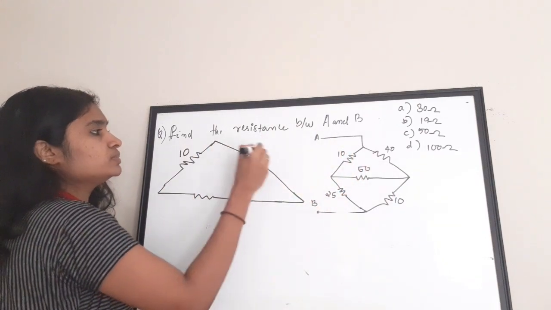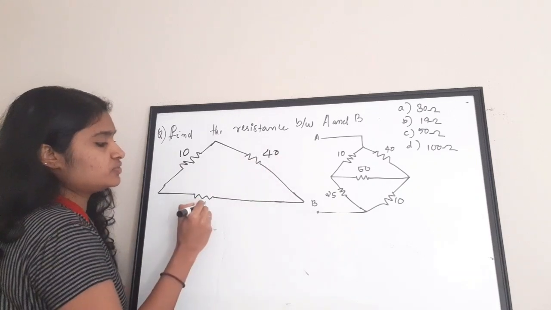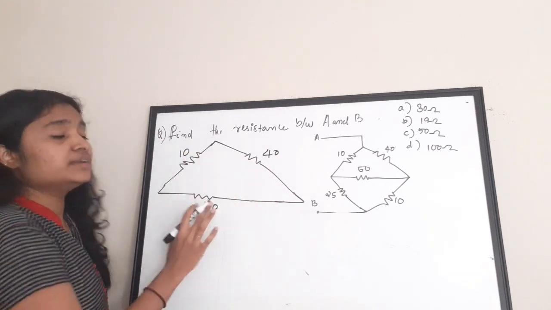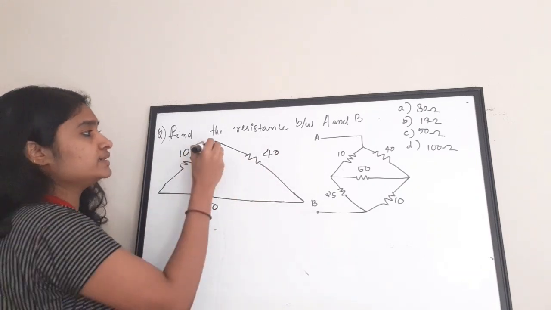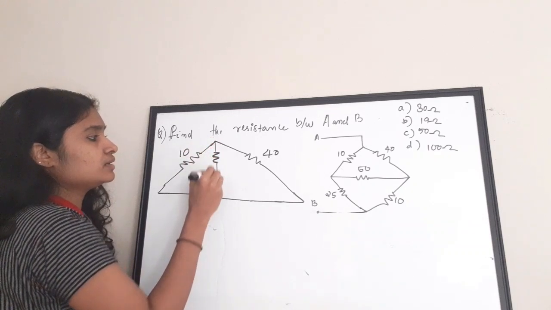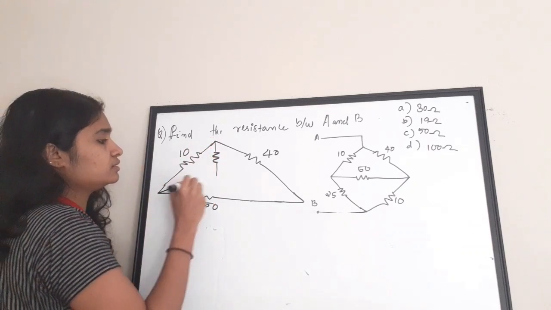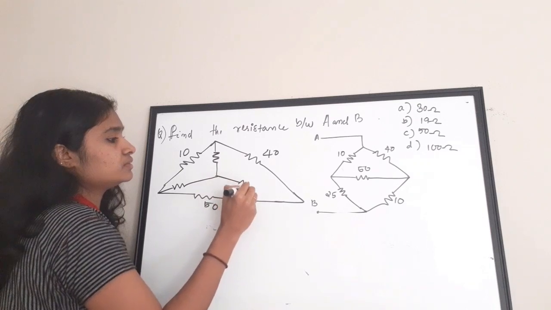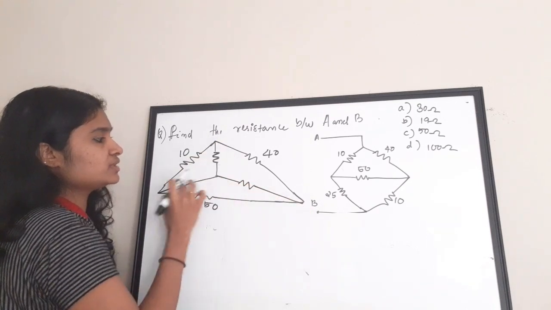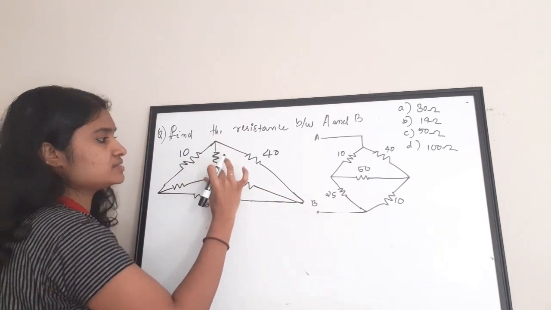I'll draw it a little bigger. This is my delta. This is 10 ohm, this is 40 and this is 50. Now, as per the delta to Y conversion rule, I can have a Y here. If you see, this looks like a Y, right? See, this is a Y.